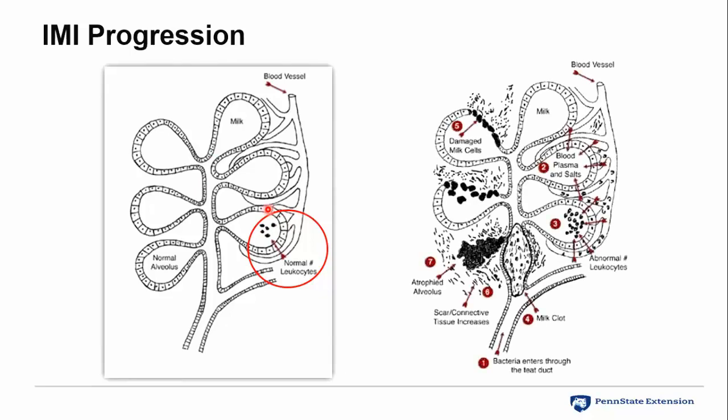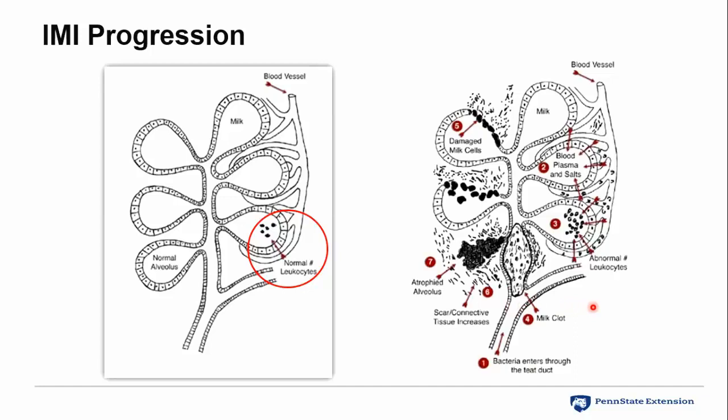If we look at the second diagram, this is showing the progression that occurs in a mastitis event. So if we start down at the bottom at number 1, bacteria enter through the teat duct, as we described, moving up through the ductal system, remembering that milk is a very good culture media for many bacteria.